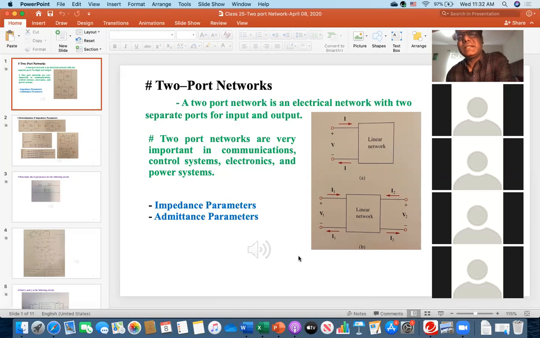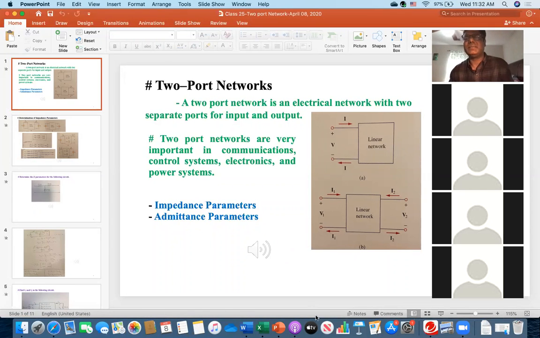Because it has two terminals, those two terminals constitute one port. So the definition of a port is that it has two terminals, current entering and current leaving. So far, in most cases, we dealt with a single-port or one-port network.